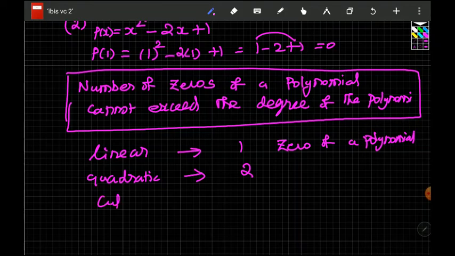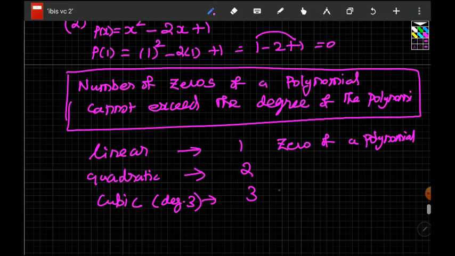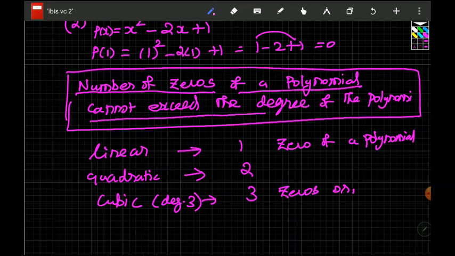Then cubic polynomial means power 3, so degree 3, for which you have 3 zeros of a polynomial. 3 zeros are there, you may have repeated zeros, or fewer than that. So that is why the number of zeros of a polynomial cannot exceed the degree of the polynomial. This is the most important thing.